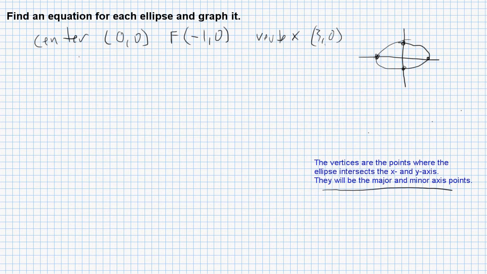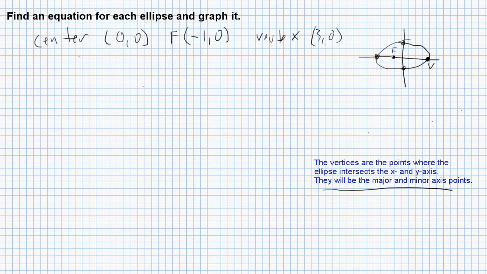Now, you can see that because of how the information is organized, we've got one focal point here at -1, 0, and one vertex out here at 3, 0. So there's our focus point that we're given, and here's our vertex point. This is a horizontally oriented ellipse.